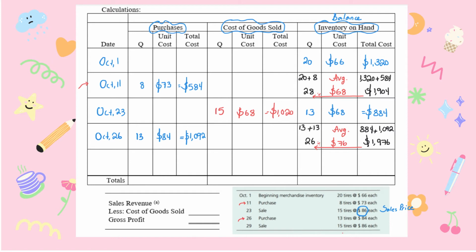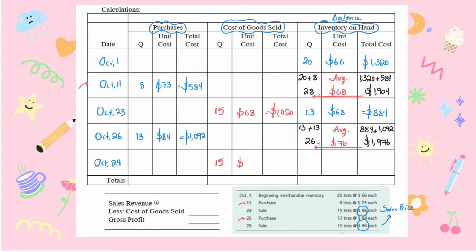Okay. Now on October 29th, sale transaction, 15 units at 86 each. Again, the 86 is the sales price. It's gonna help you to find sales revenue, not cost of goods sold. So now I need to look at my previous balance. I had 26 units at 76 each, so I want to sell 15.